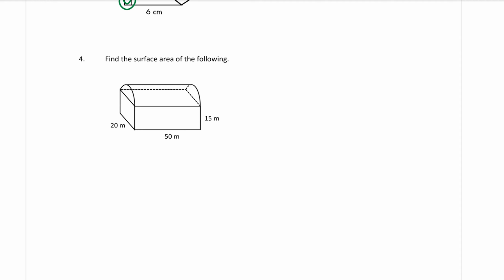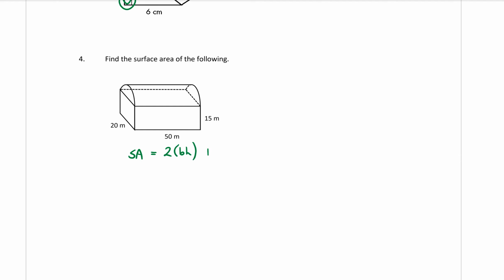So instead, you could do each of the rectangles separately. So I'm going to go surface area equals, I'm going to have the two rectangles on the ends, so 2 lots of BH for the end rectangles.